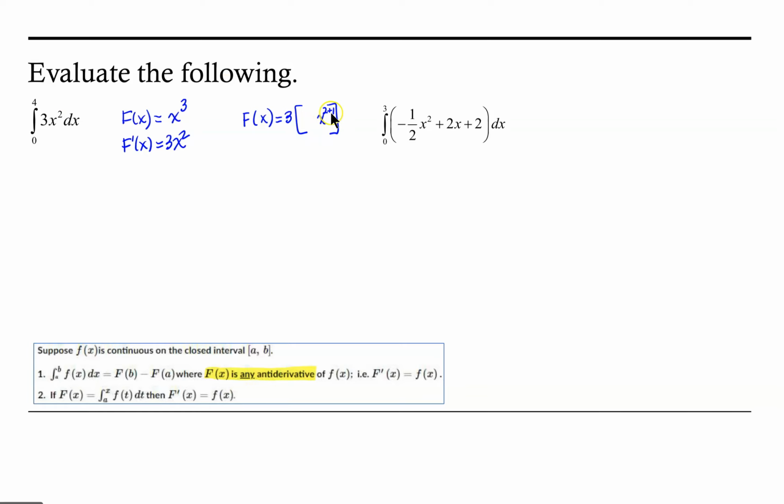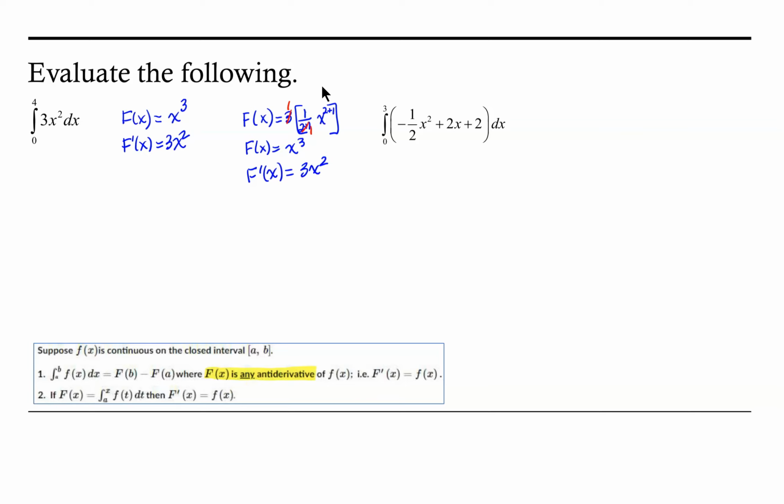And then I know that whatever this new exponent is, I need to multiply by 1 over that new value. And at this point, they would recognize that they have 3 times 1 over 3. So those would divide out, and we would end up with our antiderivative being x cubed. And then they could, of course, confirm that the derivative of that is the integrand that they have in this particular integral.